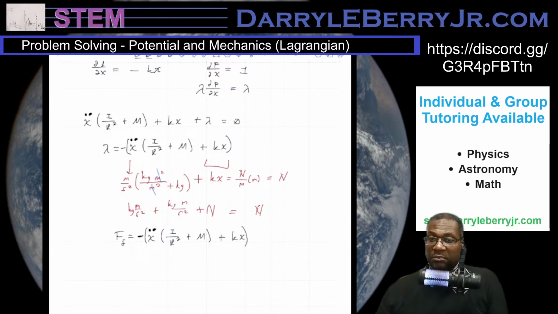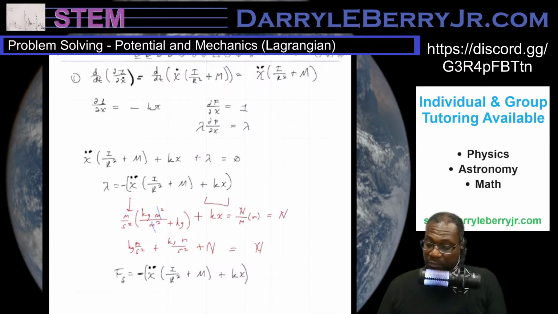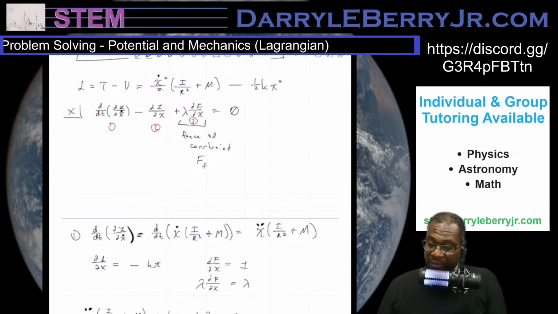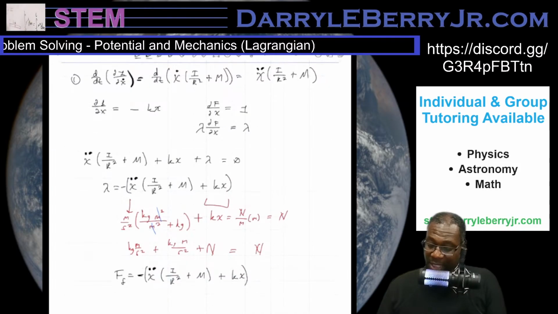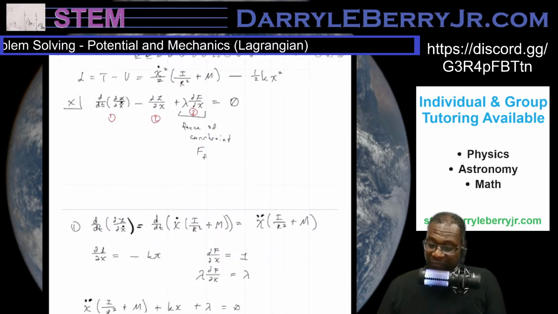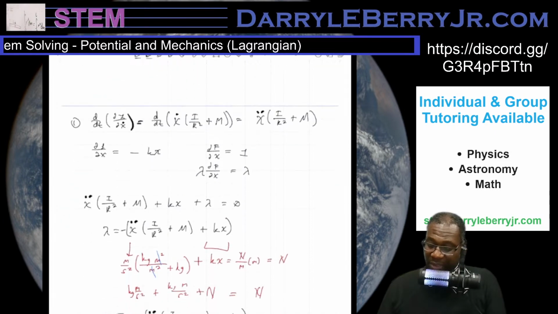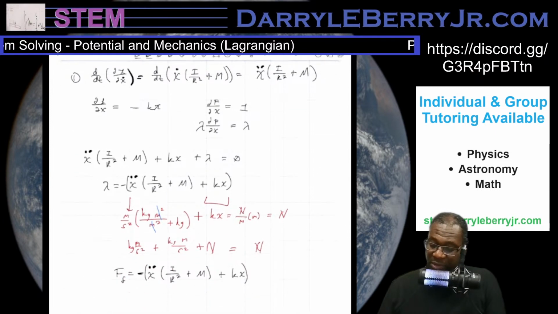The only thing I'm stuck on, oh, you know what it is? If I'm going to use the Lagrangian, I can't eliminate some of the variables. I eliminated one of the variables, so I can't do that. That's what's getting me stuck.